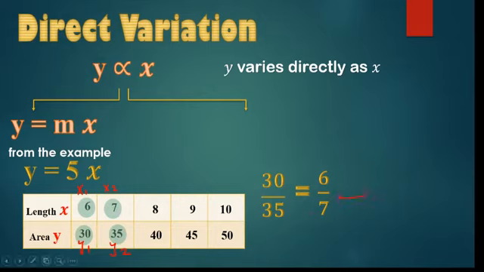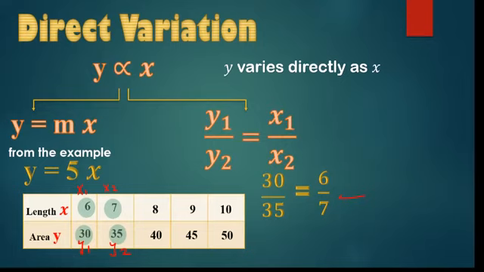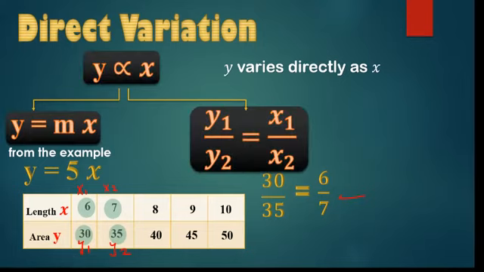So the rule will be like this: y1 over y2 equals x1 over x2. And these are the rules of the variation. If y varies as x, then y equals mx, or y1 over y2 equals x1 over x2. When do we need to use each one?